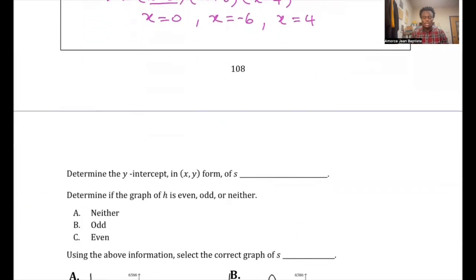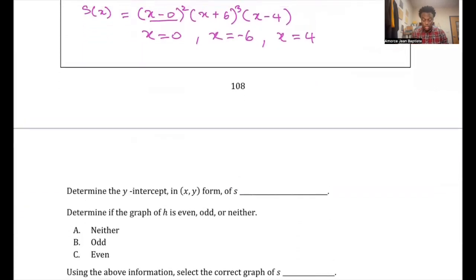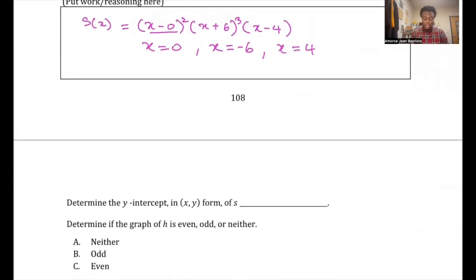And they ask me here to find the y-intercept. The y-intercept is when x equals 0. So that would be 0 comma S of 0. Now let's find S of 0.